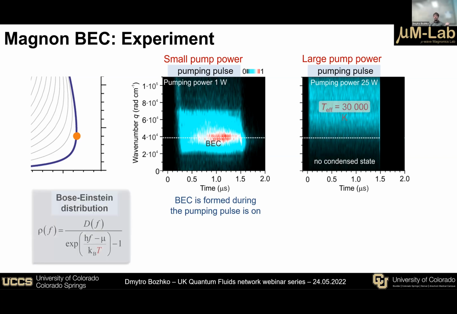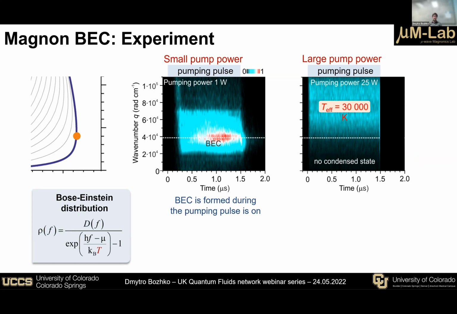Well, if we look at the Bose-Einstein distribution and the temperature of this gas during the pumping pulse, of course, it's quite tricky to treat the system under pumping as in equilibrium. But if we do that, we find that the effective temperature of this gas is 30,000 Kelvin.